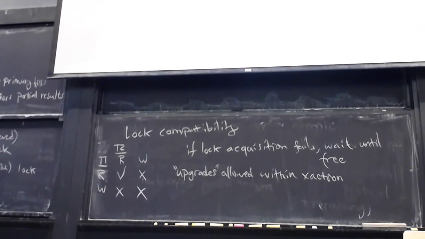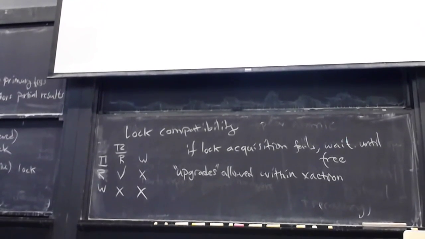If it were to release that read lock, even for a moment, and then go and acquire this write lock, we would be in trouble, because at that exact moment that we released the read lock on A, T2 could have snuck in and read A, and then we would be in this situation up here. So it's actually not okay for us to release these locks as we're running along.